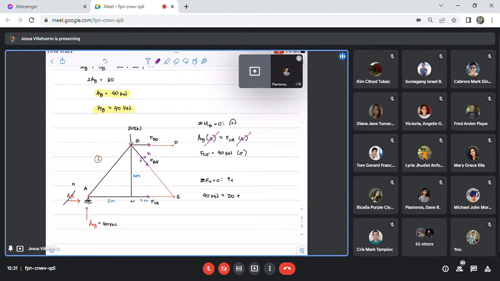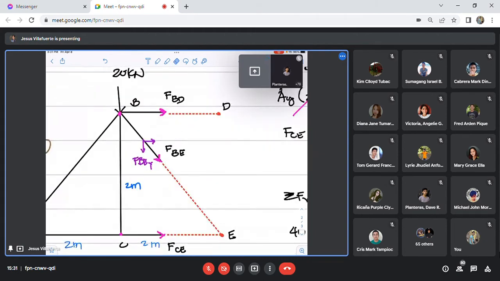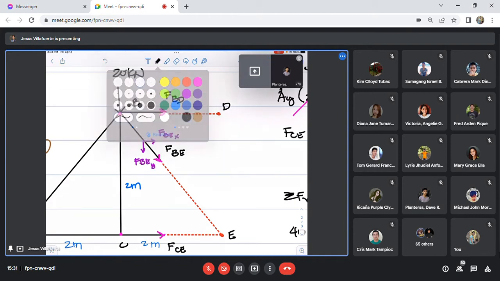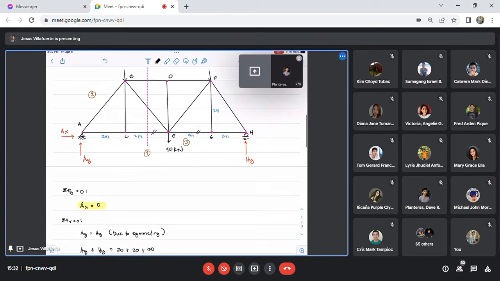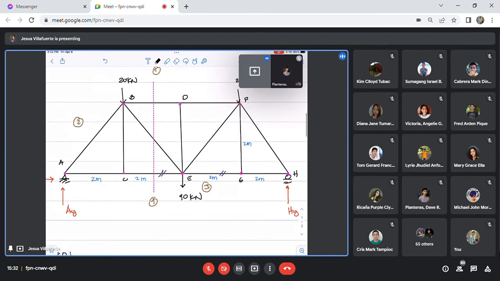So this is FBEX, the X component, and this is FBEY, the Y component. So, plus FBEY. But what is the Y component of this one? We know that this is at an angle, root 8 over 1, so we can have it like this.